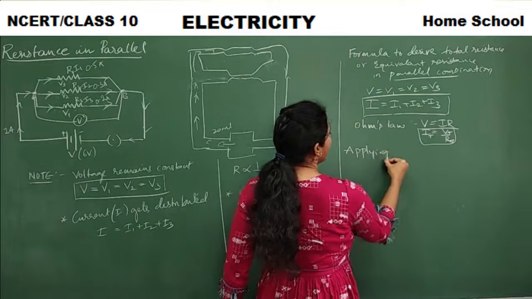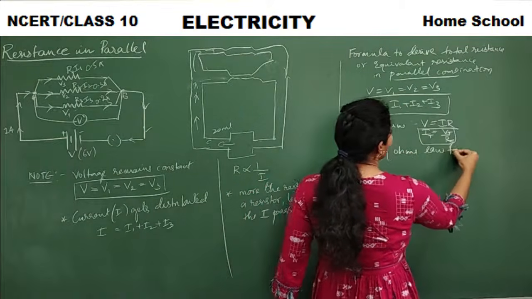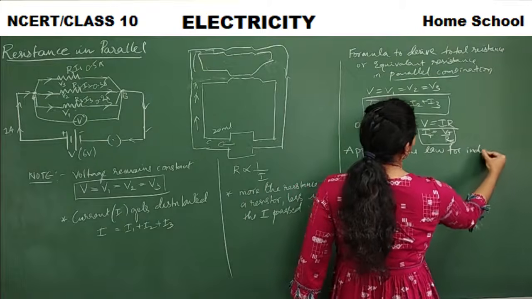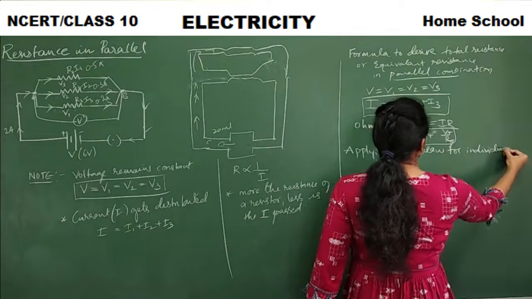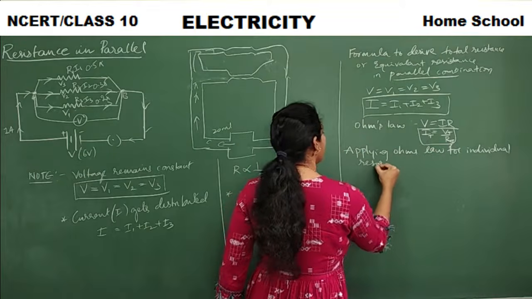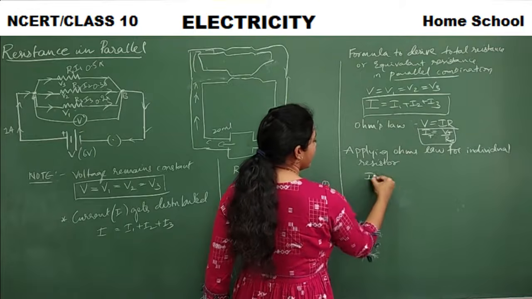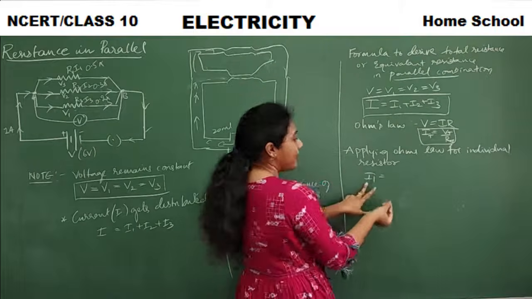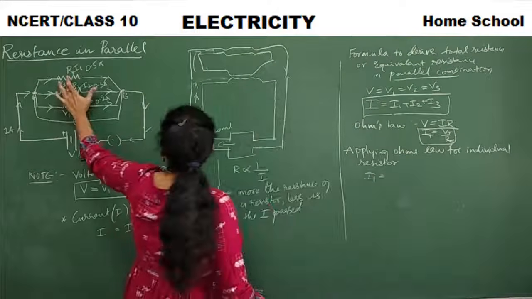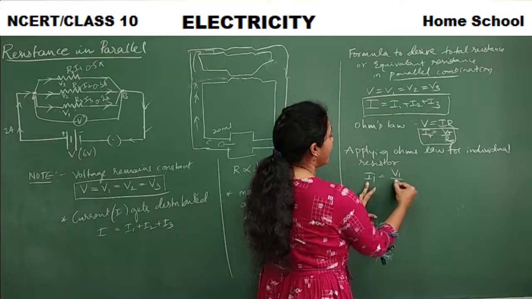Applying Ohm's law for individual resistors. For each and every resistor, apply Ohm's law. For the first resistor, I1 is equal to V1 by R1.